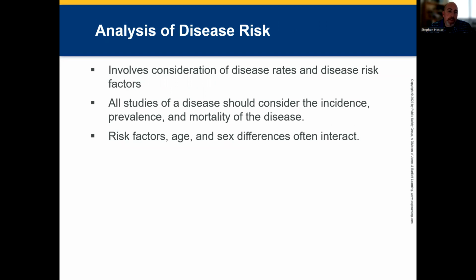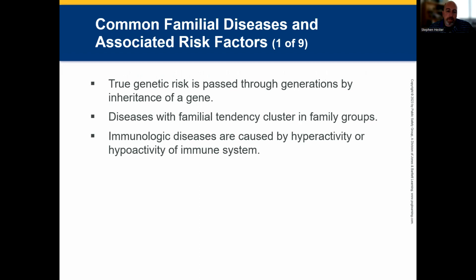All right, so analysis of the disease risk involves consideration of the disease rates and disease risk factors. Okay, so all studies of disease should consider the incidence, prevalence, and mortality of the disease. Some risk factors could be age and sex differences. A true genetic risk is passed through generations by inheritance of the gene.